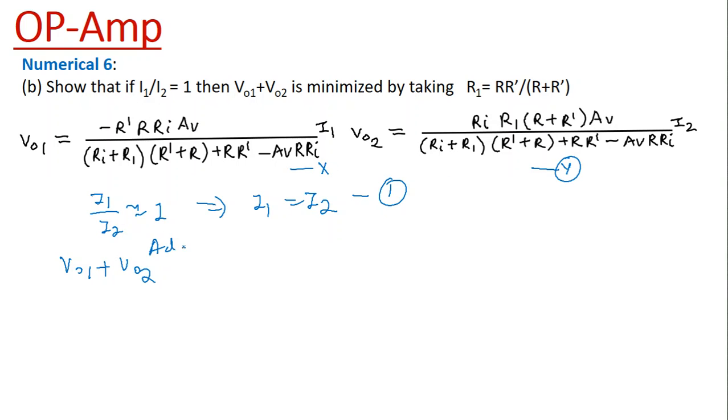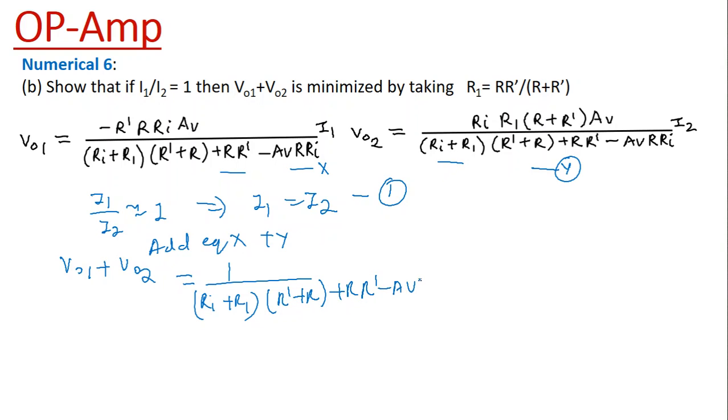So add equation number X and equation number Y. We get VO1 plus VO2. When we add here, the denominator is the same. So we take the denominator outside: Ri plus R1 into R dash plus R plus R dash minus AV Ri.